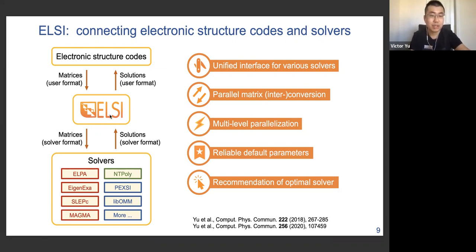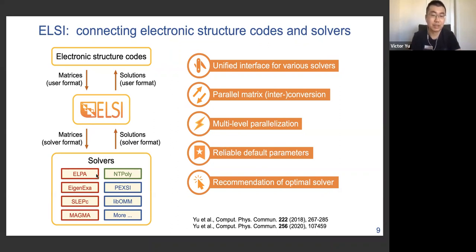What ELSI offers is that an electronic structure code like FHI-aims, if interfaced with ELSI, then ELSI takes care of the conversion of the matrix format and so on, so that the DFT code automatically has access to all the different eigensolvers and density matrix solvers supported by ELSI. And the conversion of the matrix format is done in parallel.